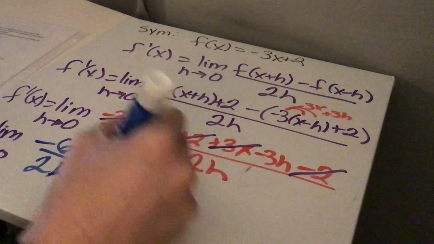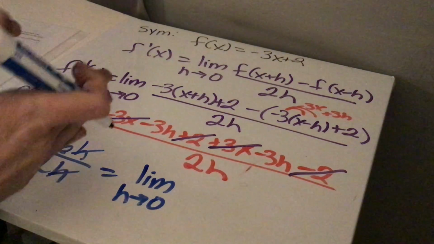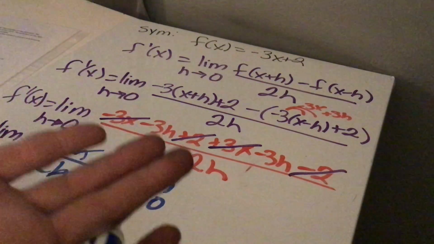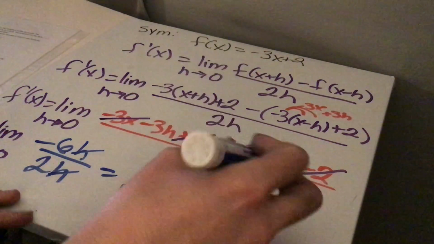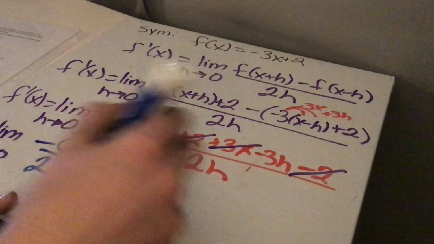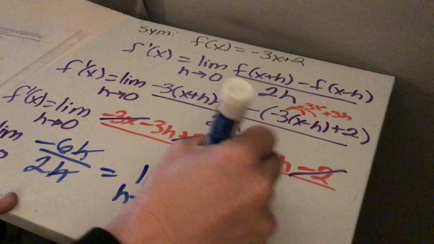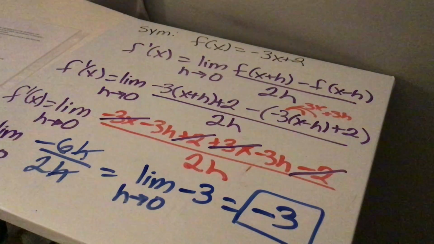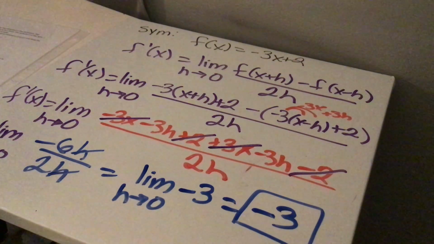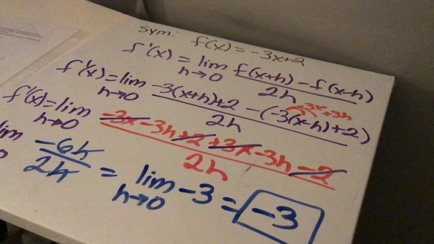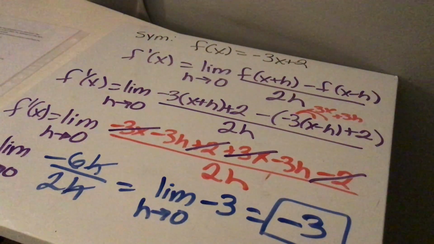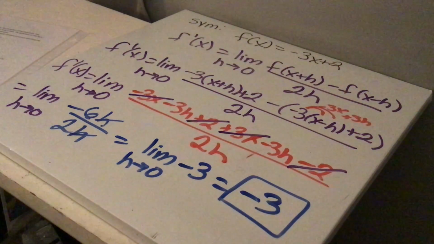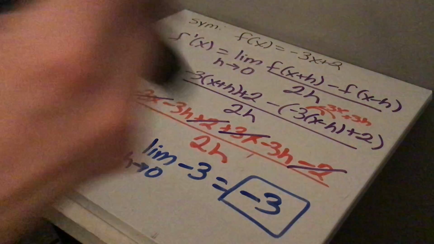I'm still seeing people miss this limit, right? At this point, they just cancel out the limit and they get negative 6h over 2h, okay? Not quite what we're looking for. So the h's cancel, so we get the limit of negative 3, which is negative 3. So the derivative of negative 3x plus 2 using the symmetric definition is negative 3.